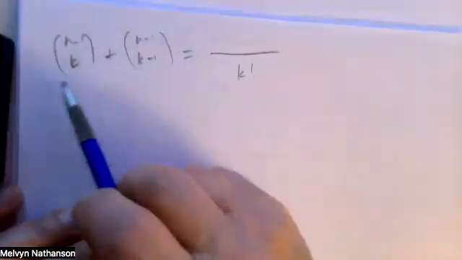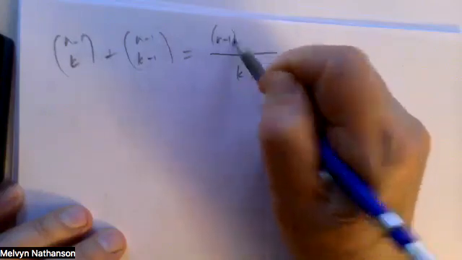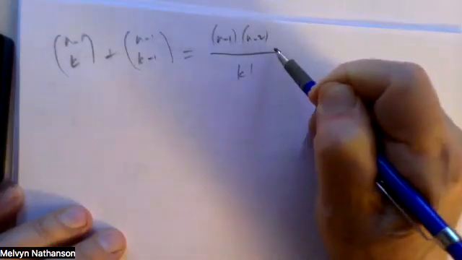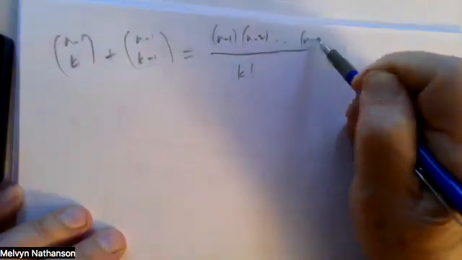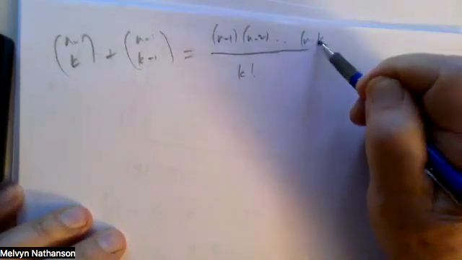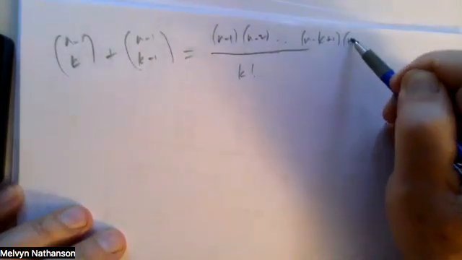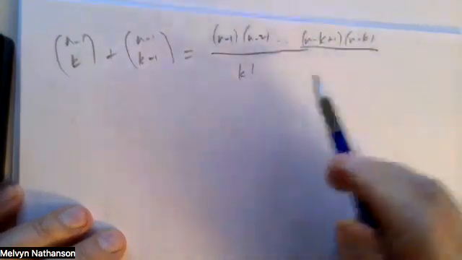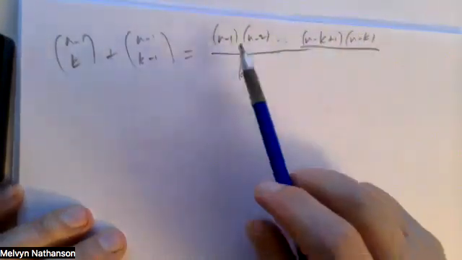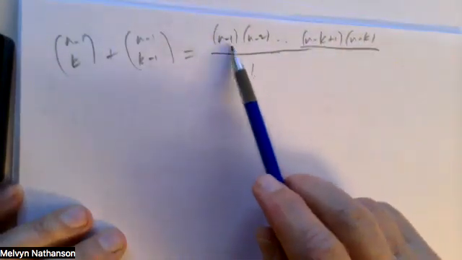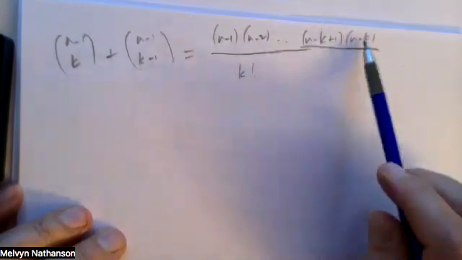And in the numerator, we have k numbers starting with n minus 1 and going down. n minus 1, n minus 2, down to n minus k. So you have k numbers here in the numerator.